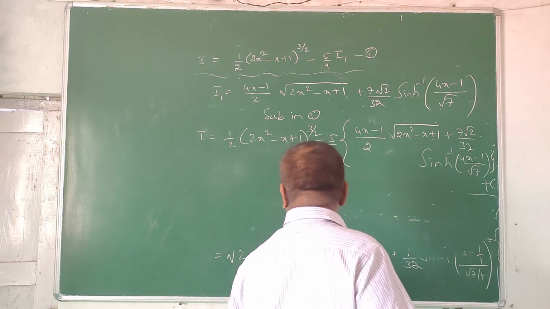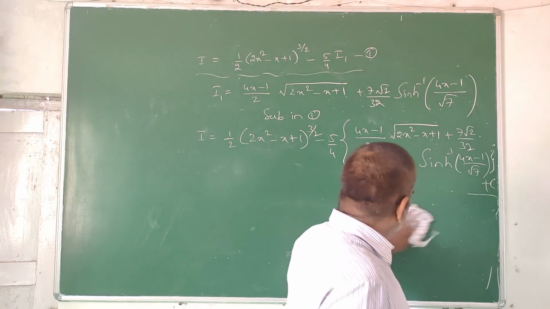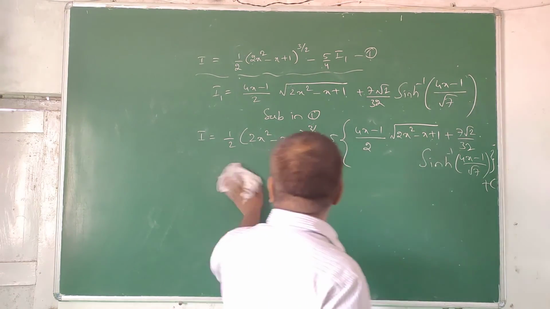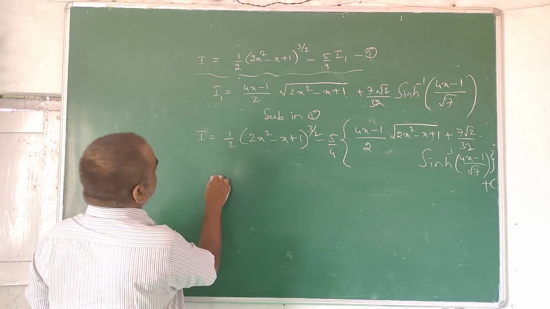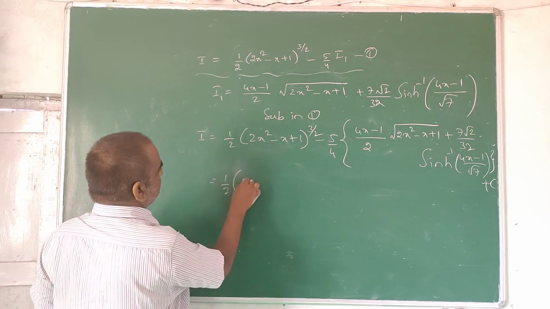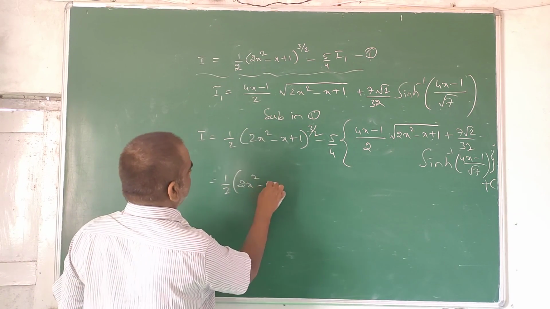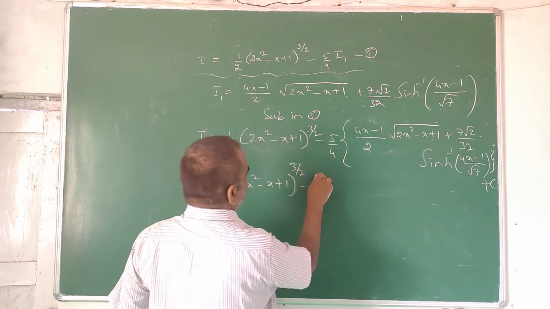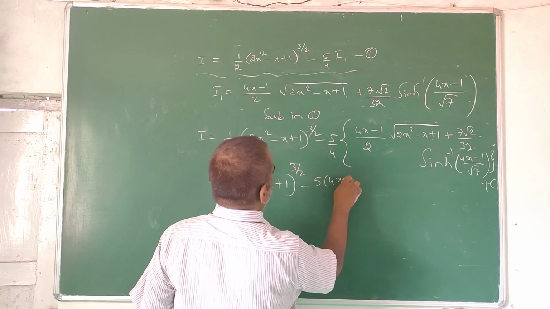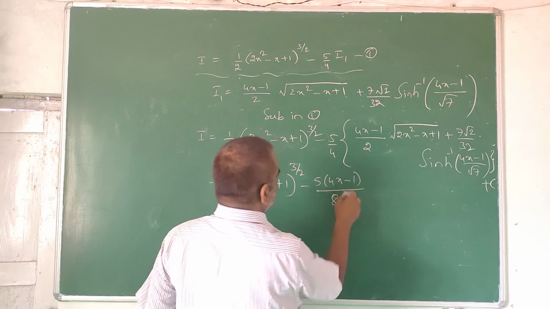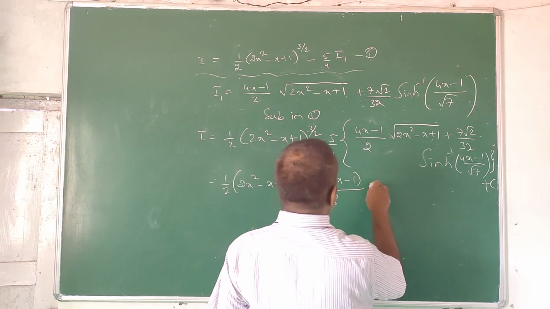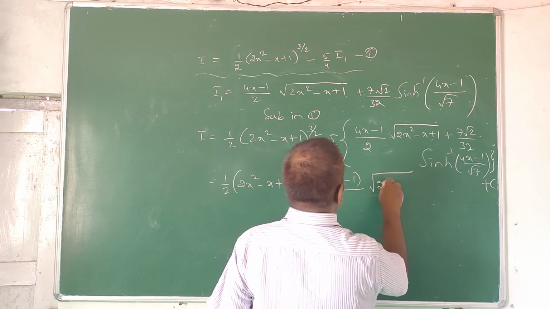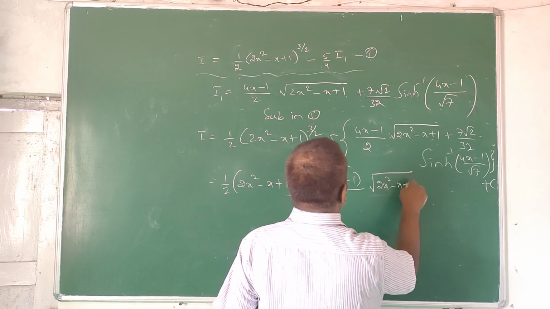Now here last step in this solution. This is equal to 1 by 2 into 2x square minus x plus 1 whole power 3 by 2 minus 5 into 4x minus 1 by 8 into root over 2x square minus x plus 1.